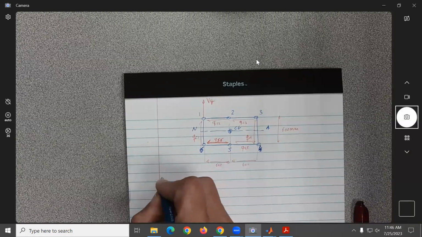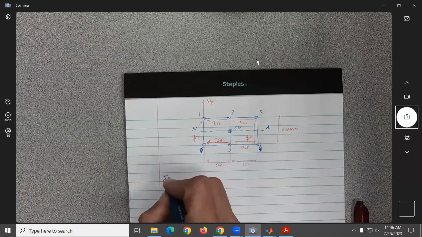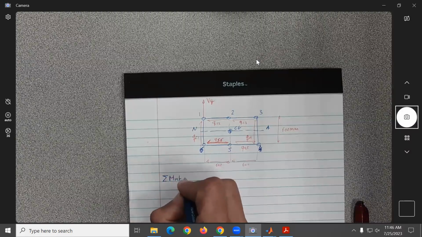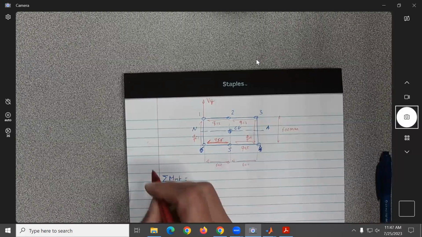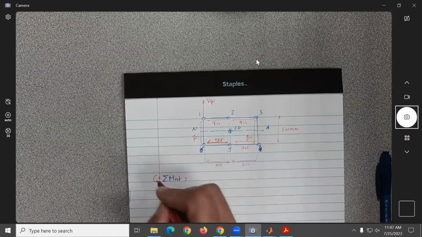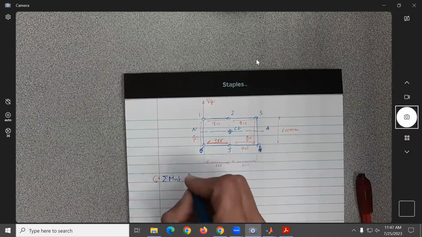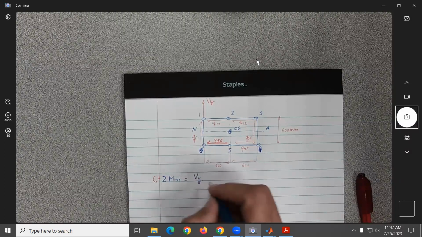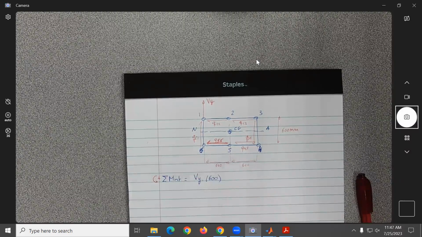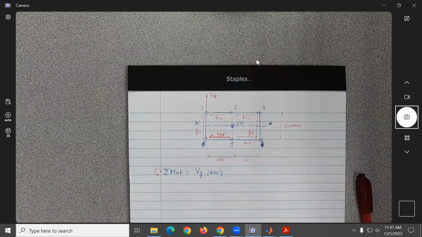So basically, what we have here is that this one will be very easy to do. What should be the moment created by the internal force? It will be Vy times 600. Okay, so let's see what I have on the code.